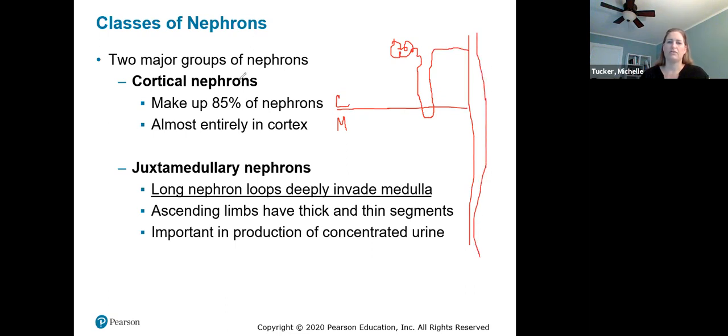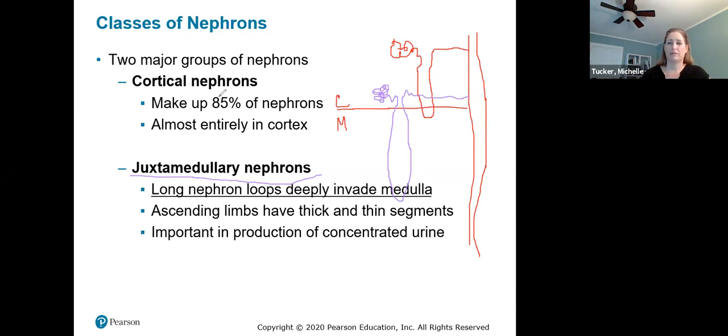Okay. For juxtamedullary nephrons, the glomeruli tend to be closer to that border, and then the loops go way down into the medulla until then you're going to come over. Okay.